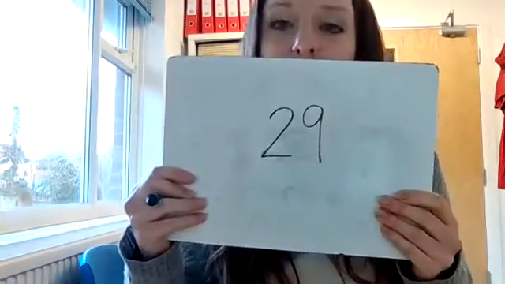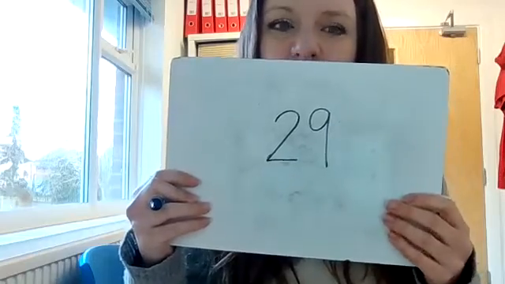Okay, I'm going to give you 1 more. This time it's going to be a 1 less number. So I would like you to tell me what is 1 less than, oh, I'm going to be sneaky. 1 less than, what's that number?